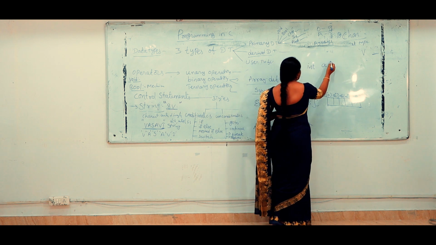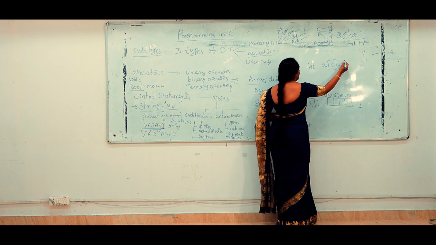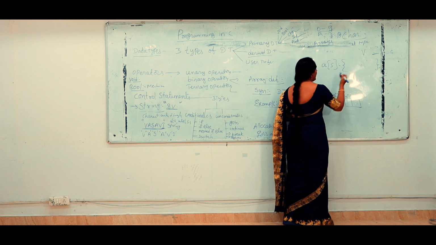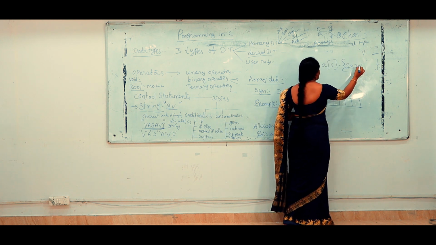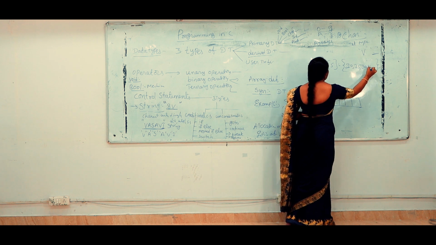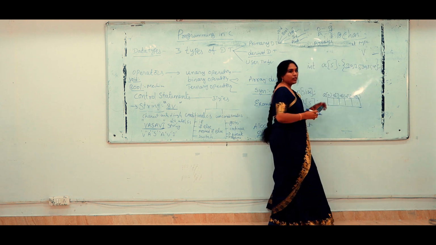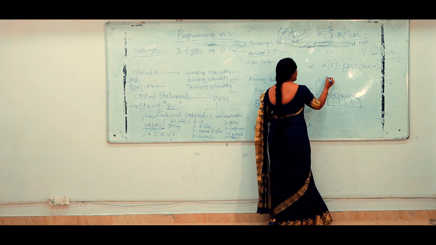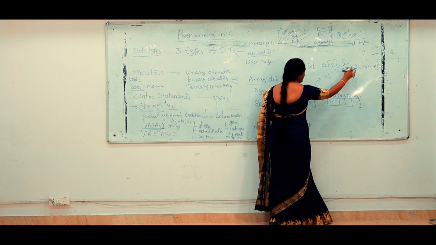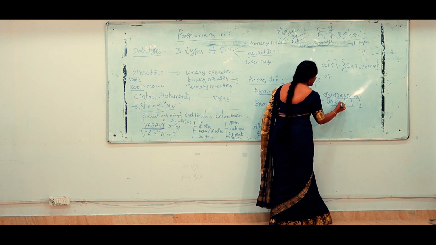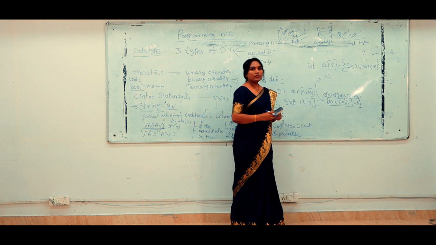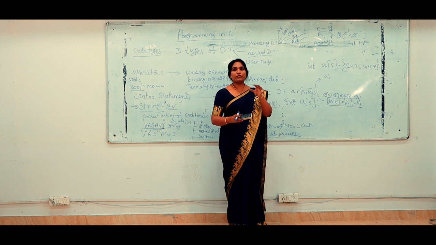In that same example, int A of 5 is equal to, you can give only integer values for this array: 20, 25, 30, 35, and 40. You can rewrite the same diagrammatic representation and give the values as 20, 25, 30, 35, 40. That is enough for the array question.